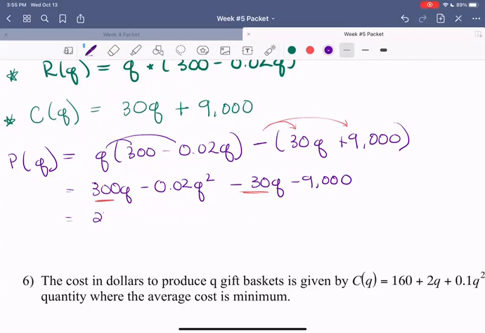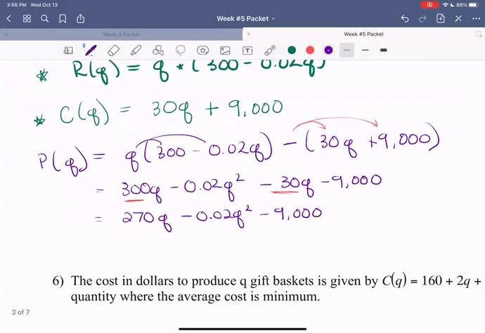So we get 270Q. Then we just have our squared term, so minus 0.02Q squared minus 9,000. All right, so now we found our profit function as a function of Q. I'm going to go ahead and highlight that so that we have it.